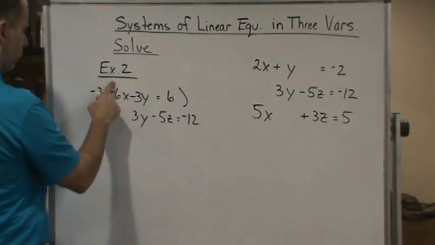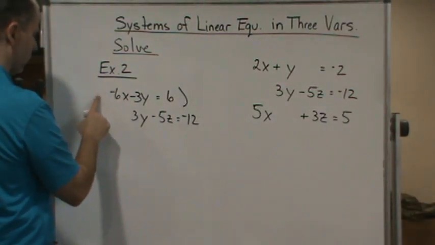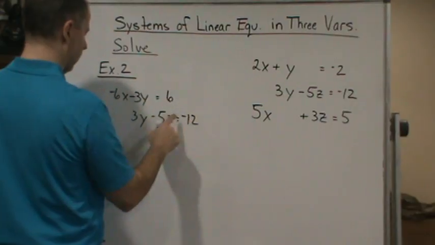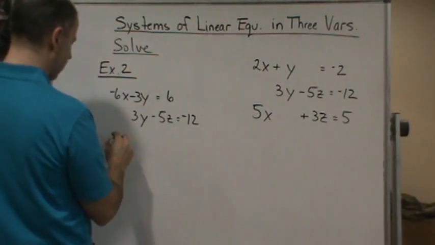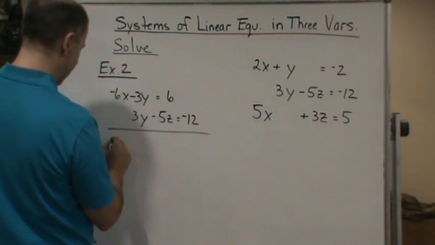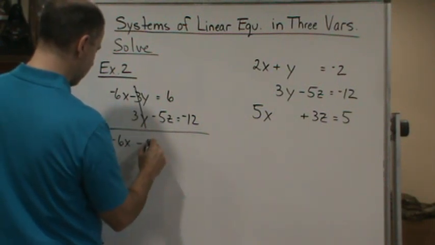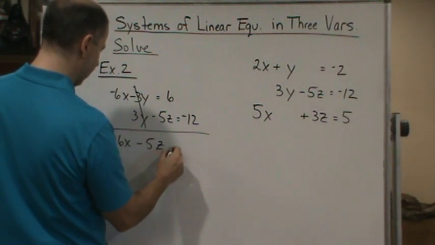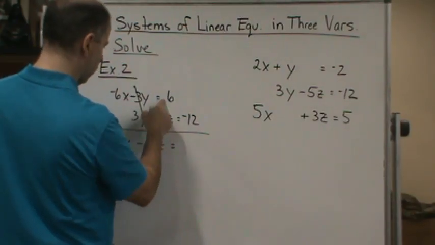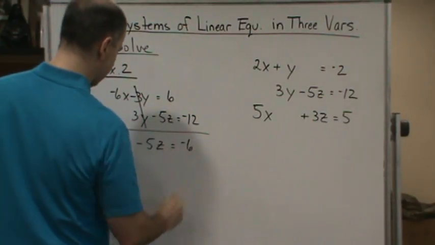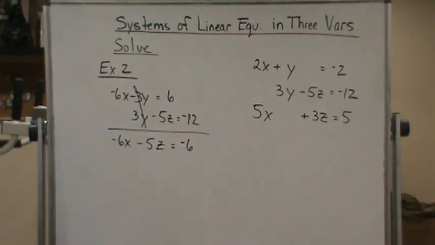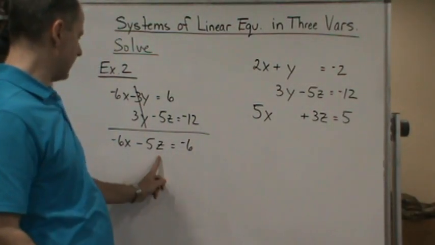And so now I can add, and so when I add, I get what? I get -6x, these go away, minus 5z equals -6. Now, I've got x and z here.